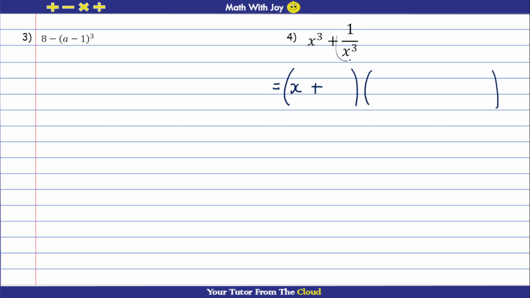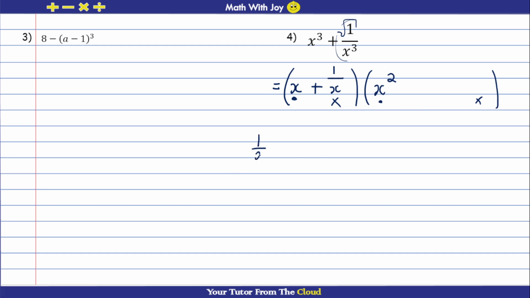The cube root of that, we say the cube root of 1 is just 1 over the cube root of x to the power of 3, which is just x. Now the first term is found when you take this first term, multiply it by itself to give you x squared. The last term is found when you take the last term here, multiply by itself.